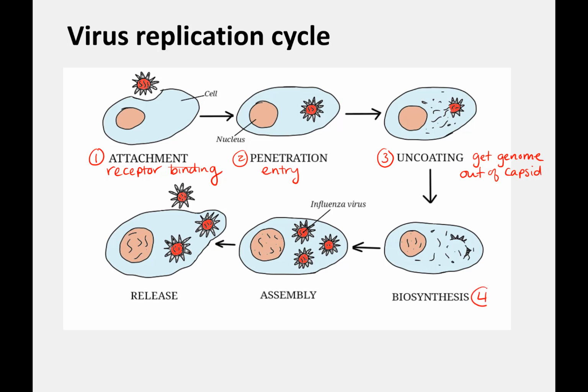Step 4, biosynthesis, is really where the virus is replicating the viral genome and expressing viral proteins, and not necessarily in this order, as you'll see with your specific virus. So some viruses express viral proteins first and then replicate the viral genome. Some viruses have to replicate the viral genome before it's able to express viral proteins.